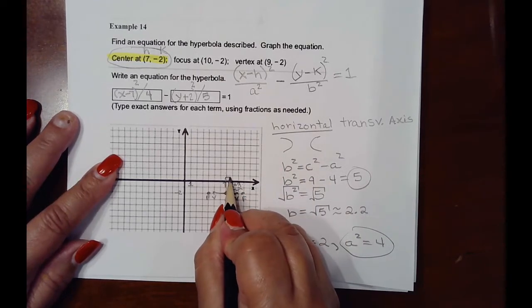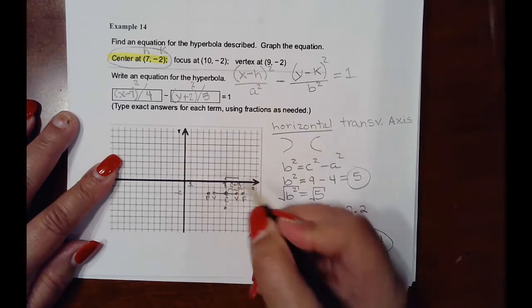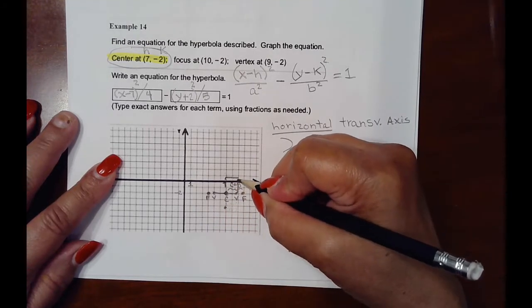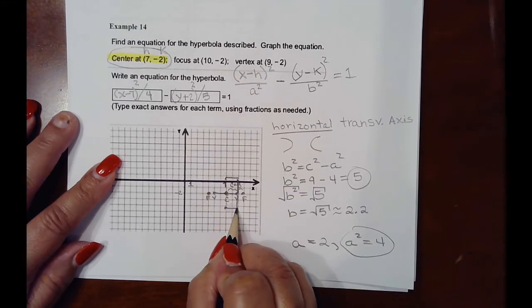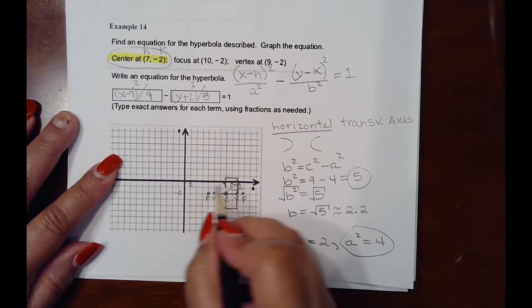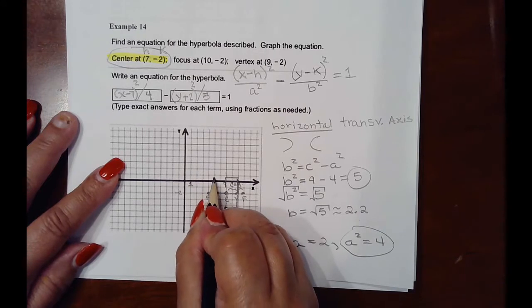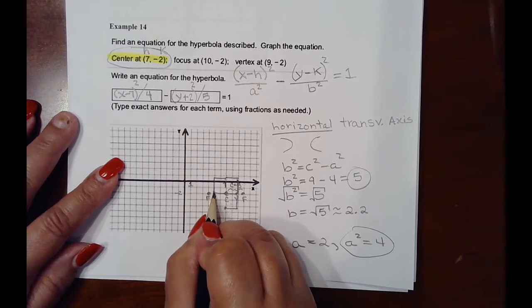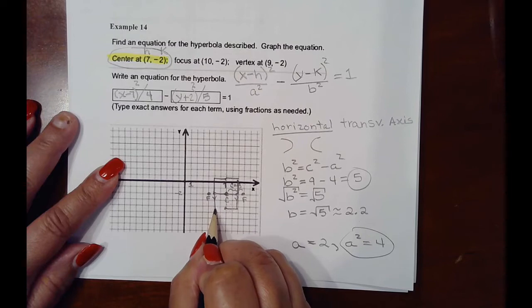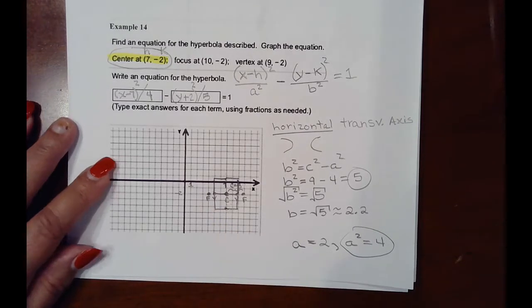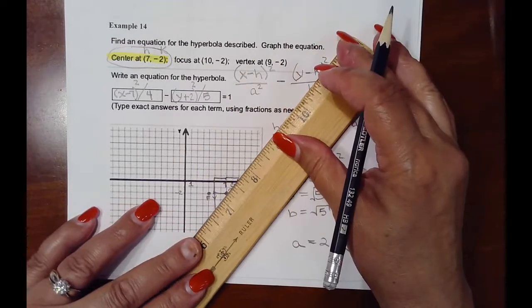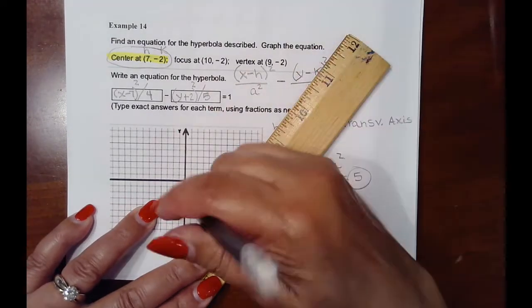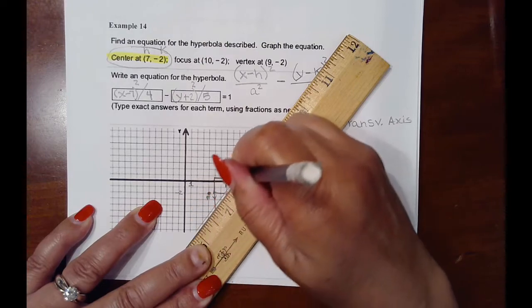So we're going to go over until we get lined up with this vertex. Come straight down, just creating the sides of the rectangle. Okay, there's the auxiliary box. Connect those opposite vertices, and that's where your asymptotes are found.